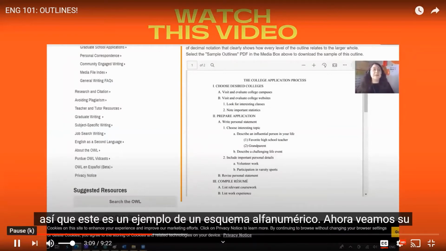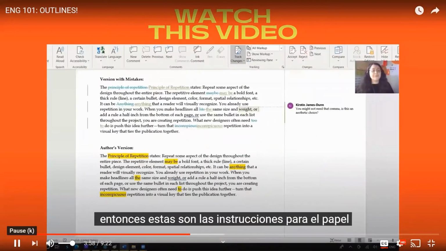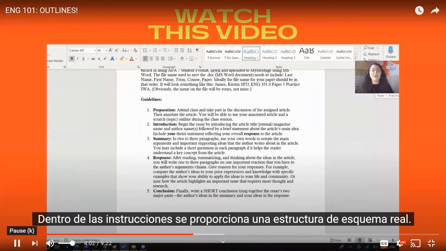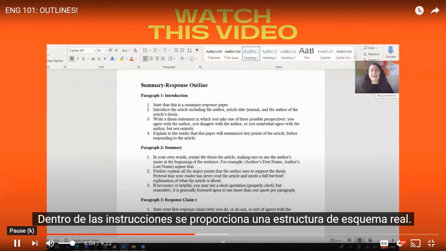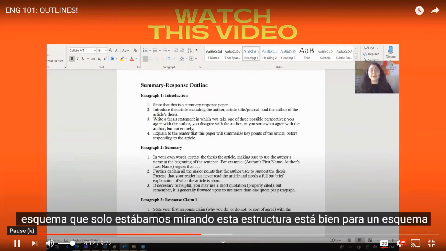Now let's look at your actual assignment for paper 1. These are the instructions for the paper. Within the instructions, an actual outline structure is provided. This is a very loose interpretation of that classical outline we were just looking at. This structure is fine for an outline.